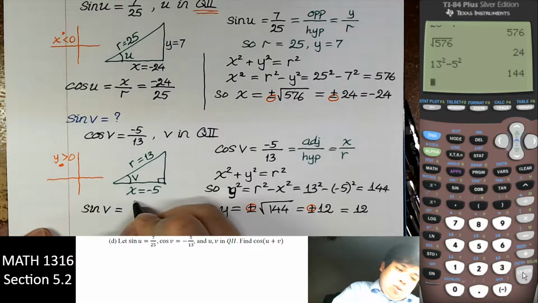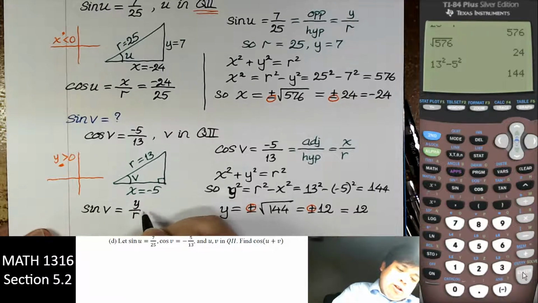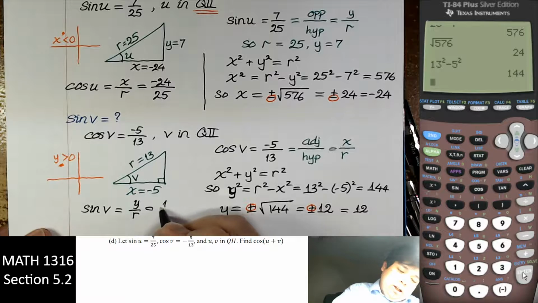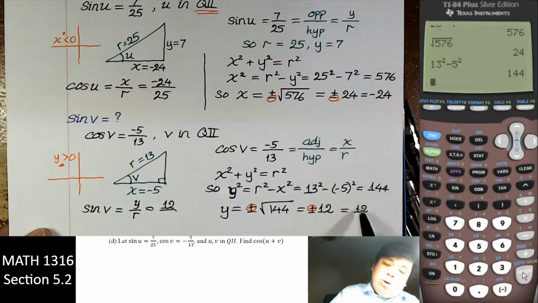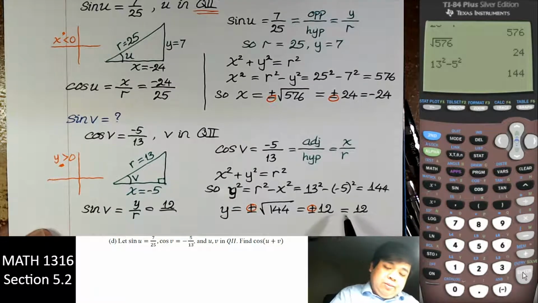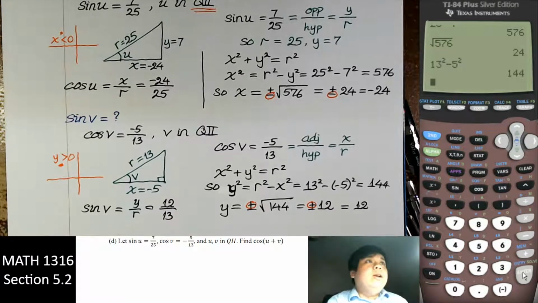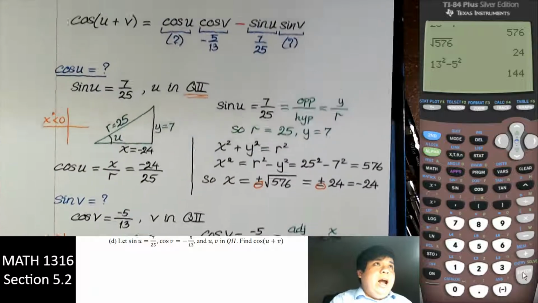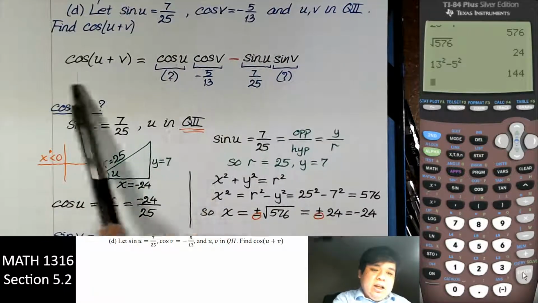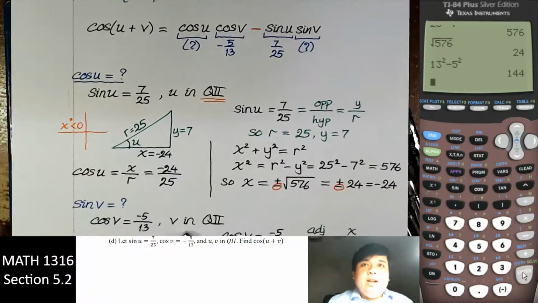And finally, sine of v, sine is y over r, y is 12 over r 13. Right, so that's good. And finally we put it back into this one. Let me zoom out.